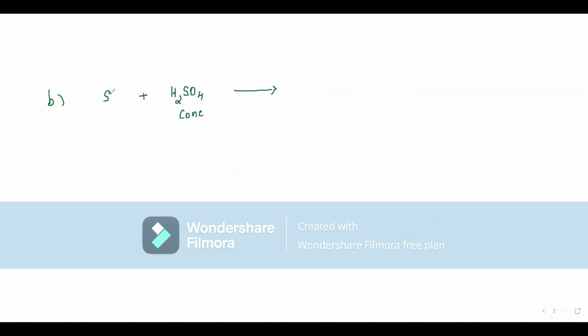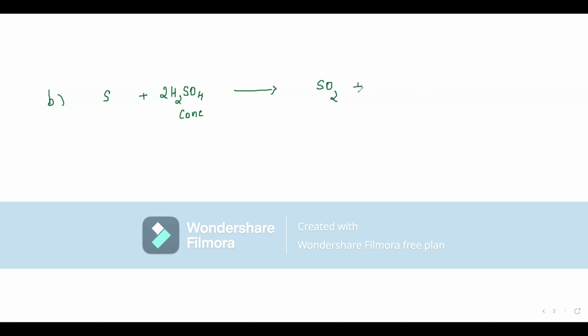That nascent oxygen should combine with sulfur and give us SO2, sulfur dioxide, which makes me write 2 sulfuric acid here. The reason is clear. I need 2 nascent oxygens. One molecule of sulfuric acid releases only 1 nascent oxygen. That is why I have written 2 molecules of sulfuric acid.